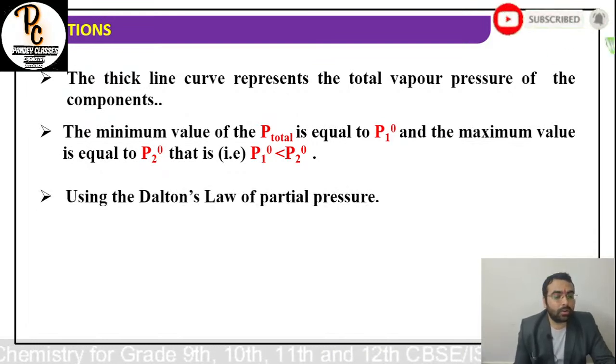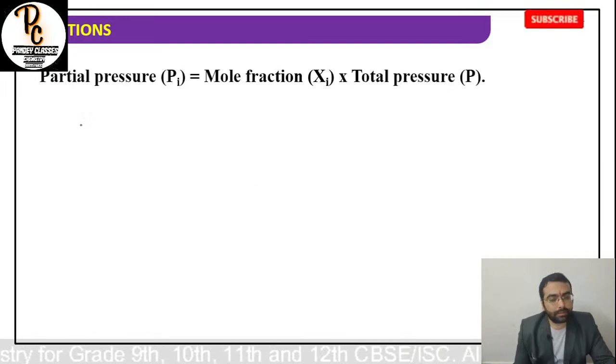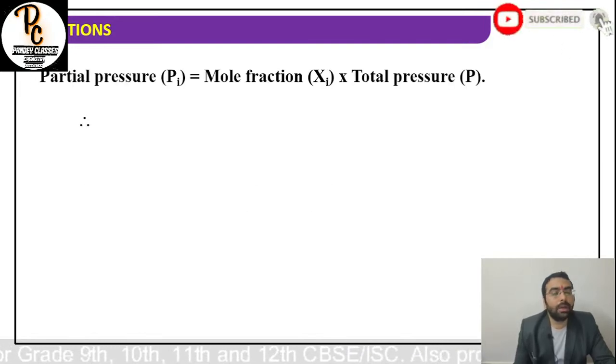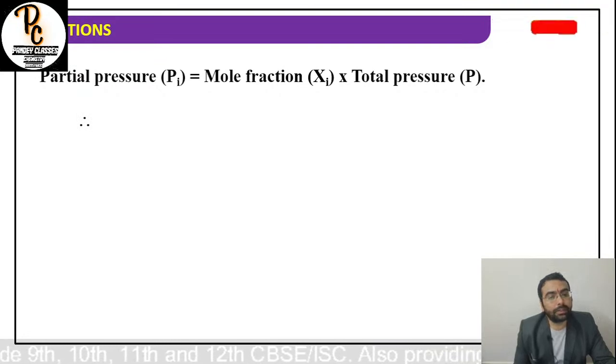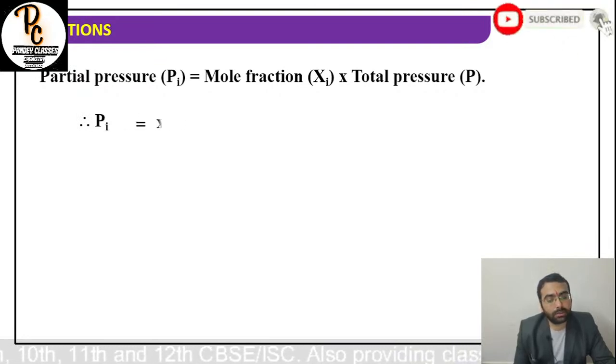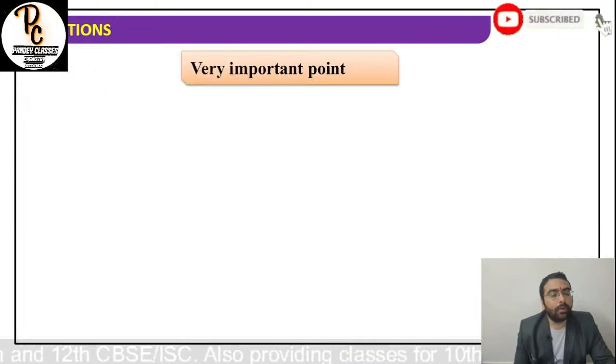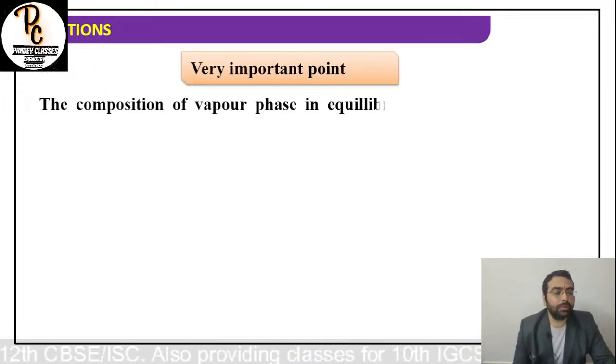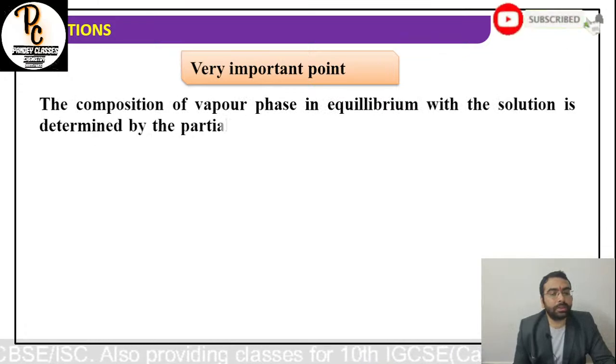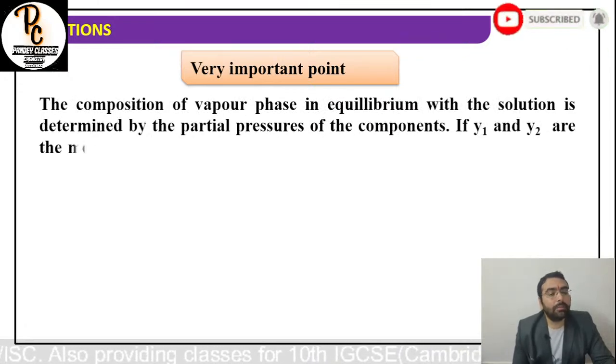Using Dalton's law of partial pressure, we can find the mathematical expression: partial pressure equals mole fraction into total pressure, Pi equals chi i into P. Very important point: the composition of the vapor phase in equilibrium with the solution is determined by the partial pressure of the component.